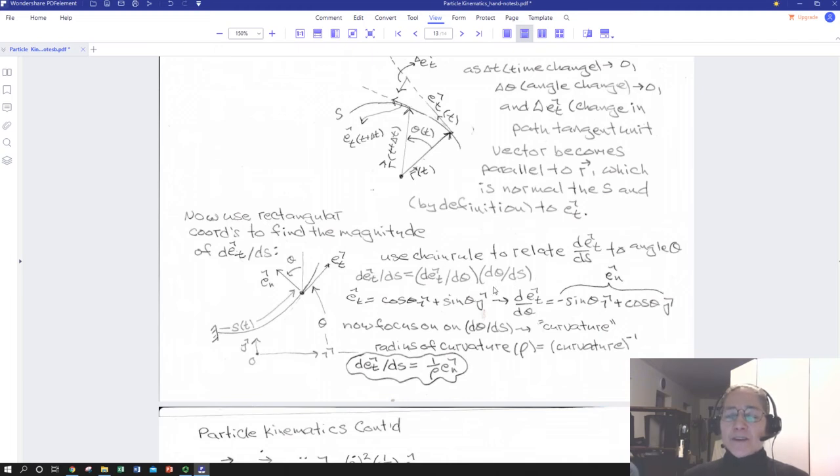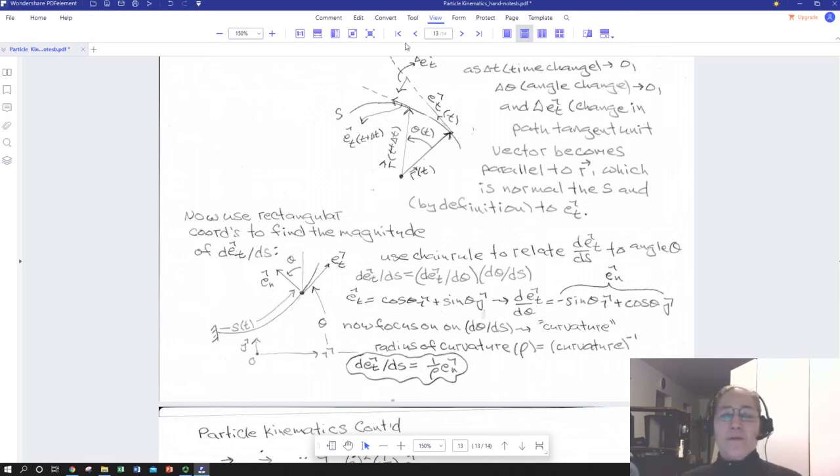But we've still got this term now: the change in angle with change in path length. This particular term is known as the curvature. And if we invert it, we get what's known as the radius of curvature.